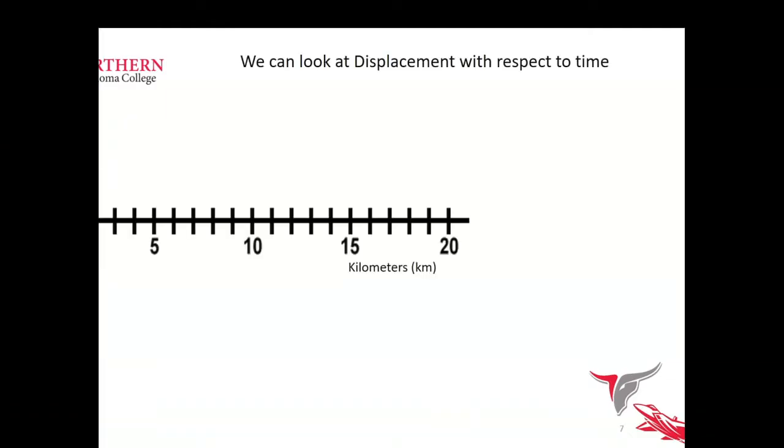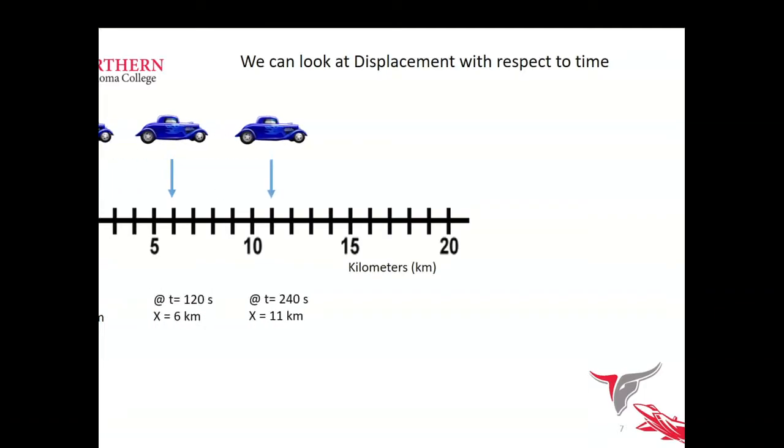Now we want to look at displacement with respect to time. At time t equal to 0, I'm not going to start at 0 kilometers; I'm going to start at 1 kilometer. Then at 120 seconds I'm at 6 kilometers, at 240 seconds I'm at 11 kilometers, and at 360 seconds I'm at 16 kilometers.